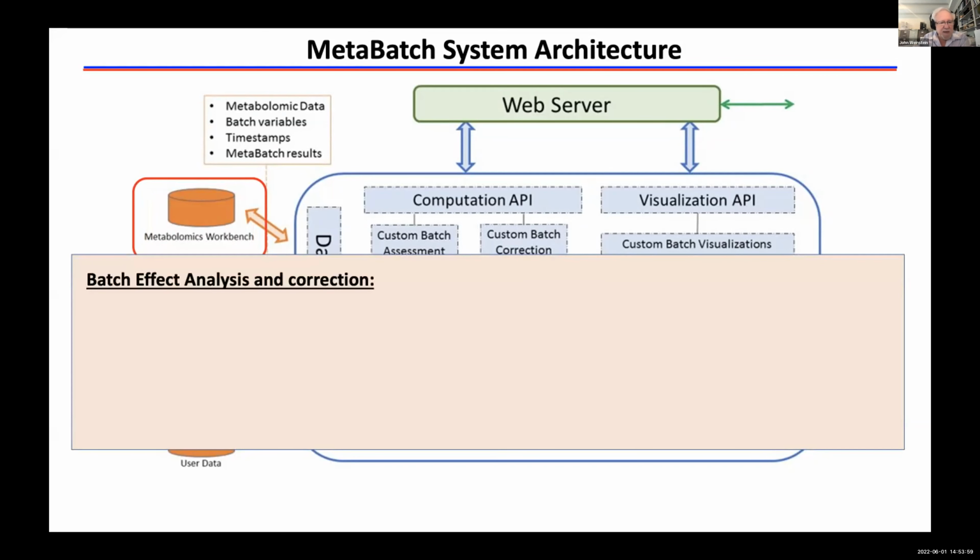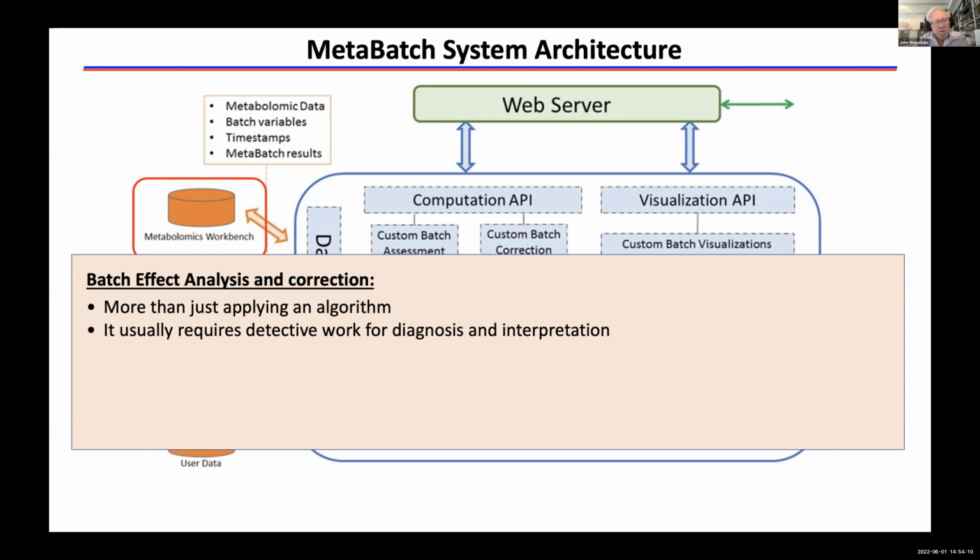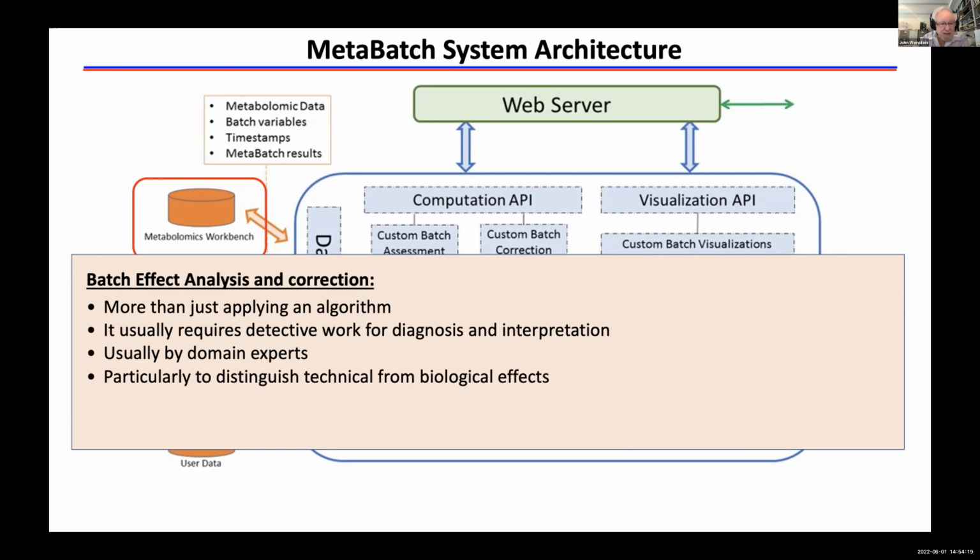But first, I'd like to make a couple of statements about batch effect analysis and correction. First, it's more than just applying an algorithm. It usually requires detective work for diagnosis and interpretation, usually in concert with or by domain experts, particularly to distinguish technical from biological batch effects, partly through fluent, dynamically interactive visualizations, which can be very helpful in the process.